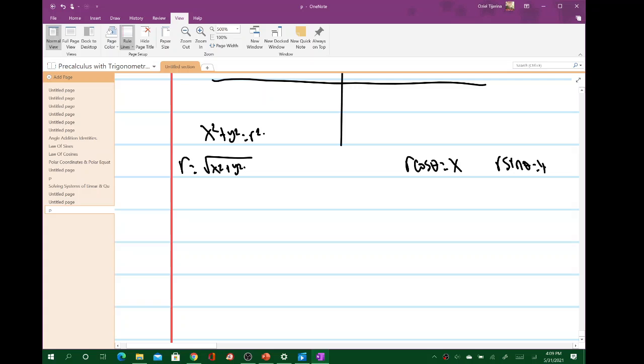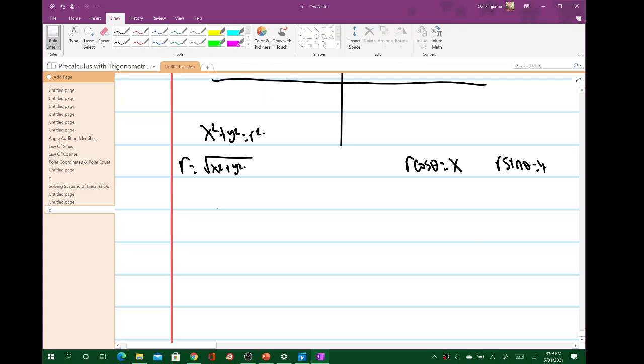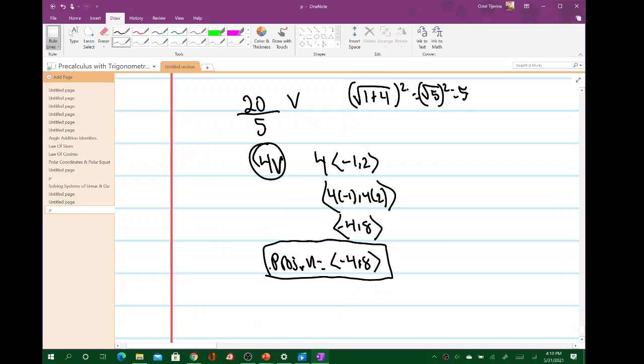A polar coordinate is of the form r, theta, where r is your radius and theta is the angle at which the pole revolves around, right?